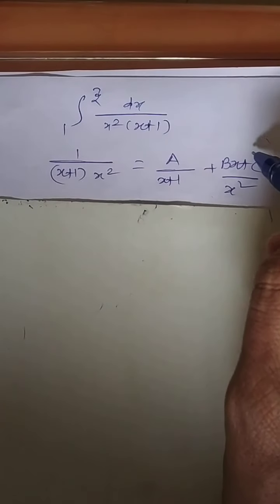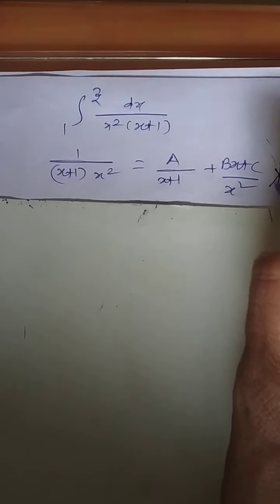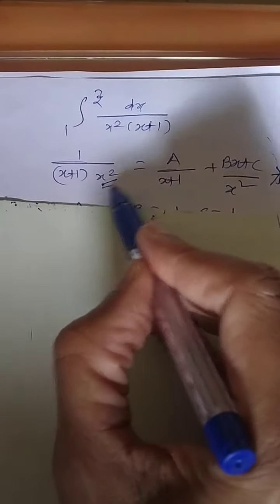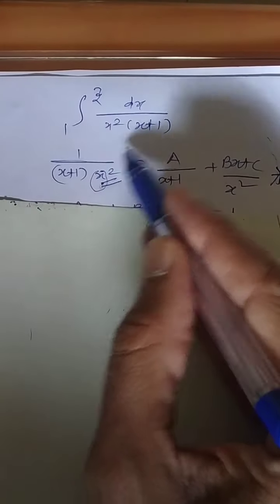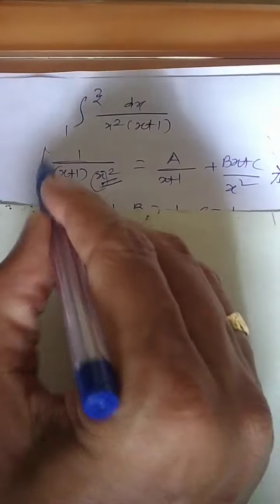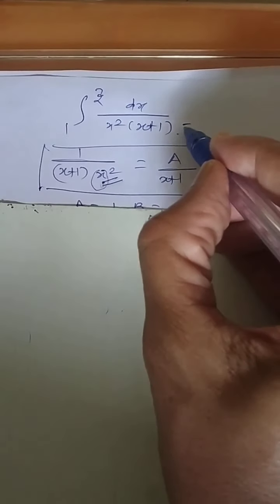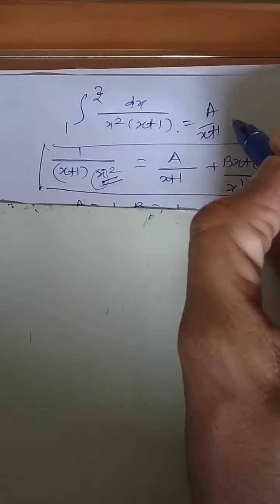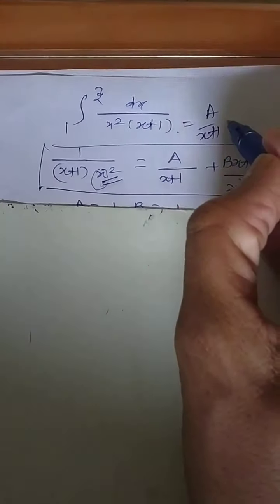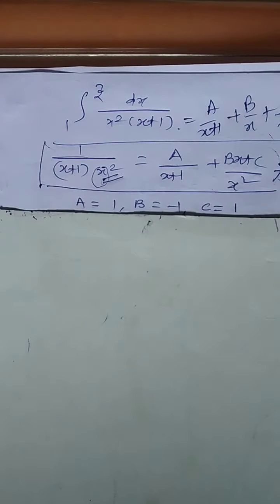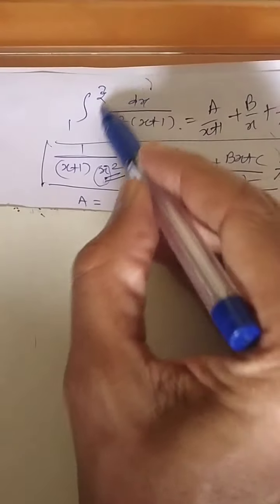The linear factor x is repeated twice, so avoid the square and use this method. This is equal to a upon x plus 1 plus b upon x plus c upon x square. Go for LCM, simplify, get the integration of that.